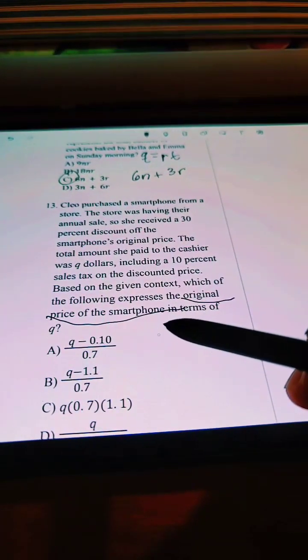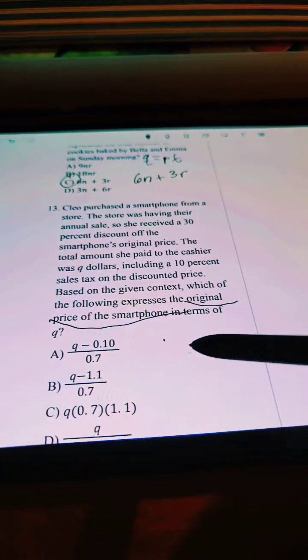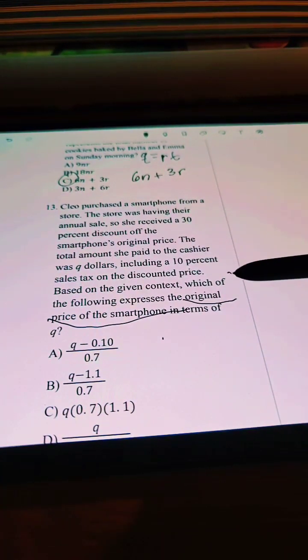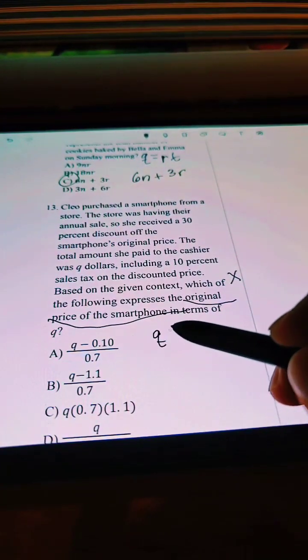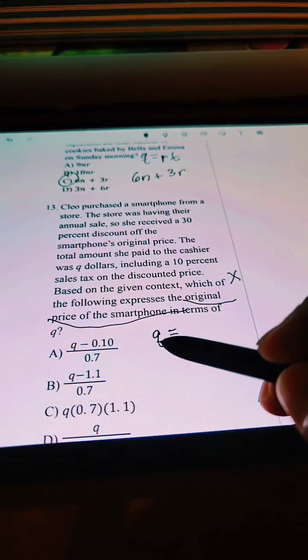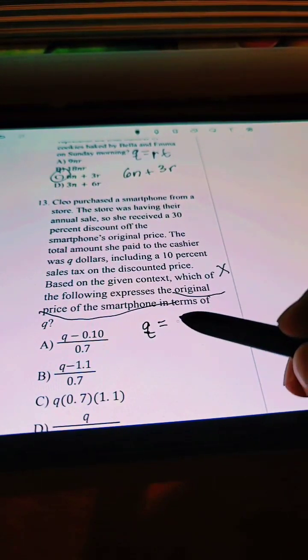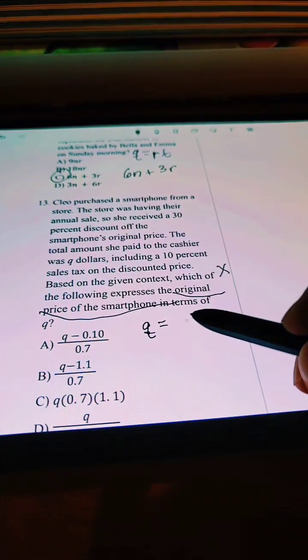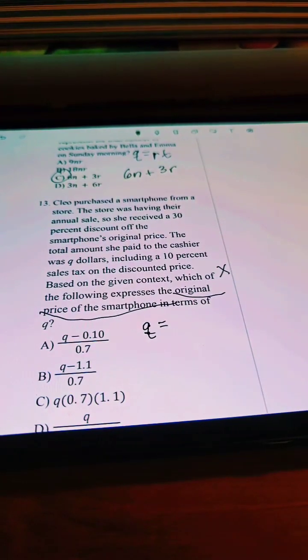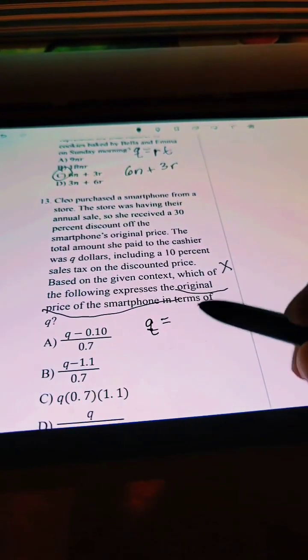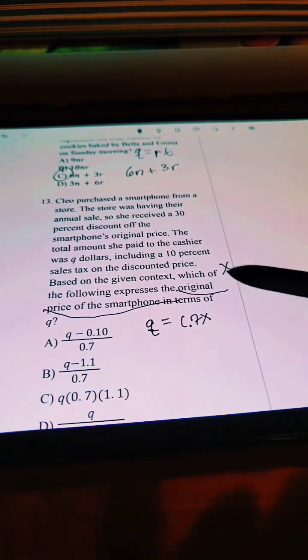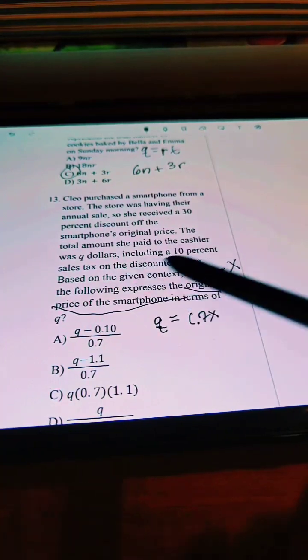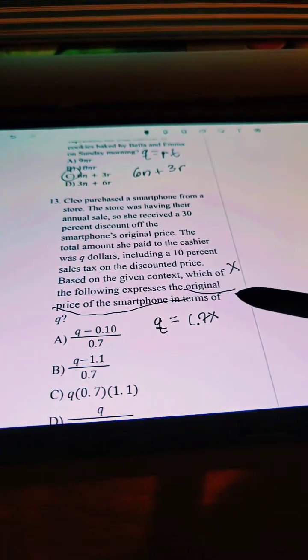So we could say the total amount she paid, I'm going to call the original price of the smartphone X. So I'm going to say that Q, the total amount that she paid, is going to be equal to, she received a 30% discount, so she's left paying for 70% of the phone's cost, because if you deduct 30 from 100%, it's 70%, so 0.70 or 0.7, same thing, times X, where X is the original cost, and then there's a 10% sales tax on the discounted price.